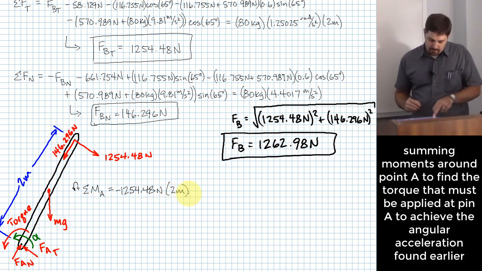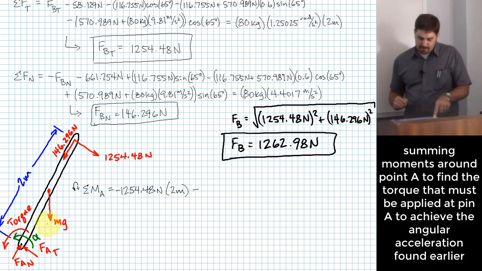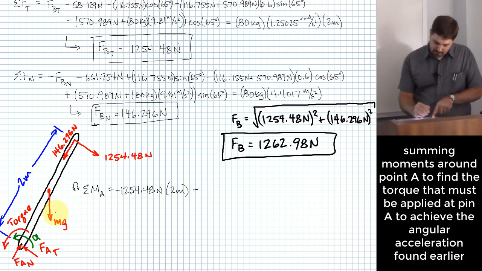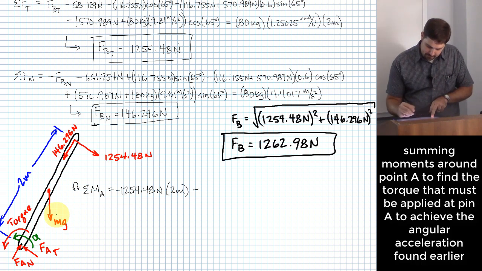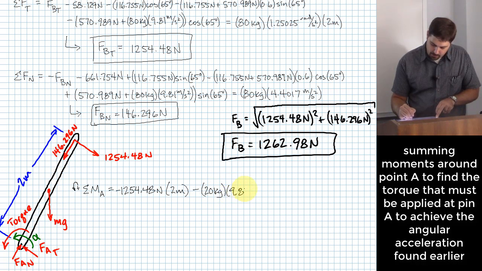Okay, I would also have the, let's see here, mg. So that would be 20 kilograms times 9.81 meters per second squared.